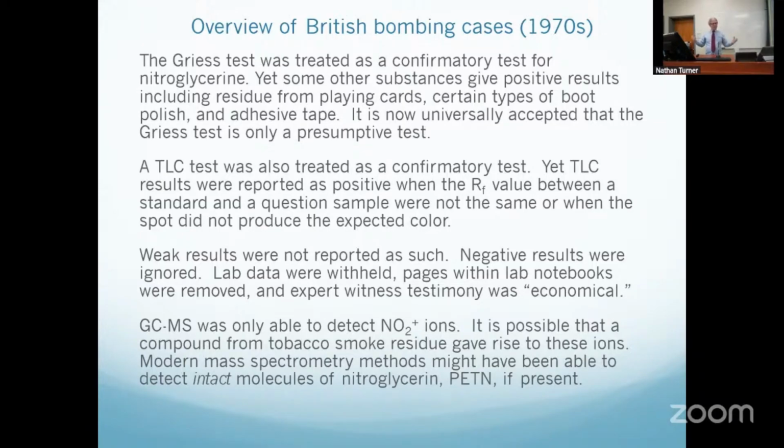Well, again, there's a problem. What was the source of the NO2 plus in the GCMS? There is at least one report that one of the Birmingham Six, Patrick Joseph Hill, I'd forgotten his last name a moment ago, was a smoker, and smokers' hands, if you swab them, you can see something with approximately a similar retention time to nitroglycerin, and it also, for whatever reason, has an NO2 plus ion.